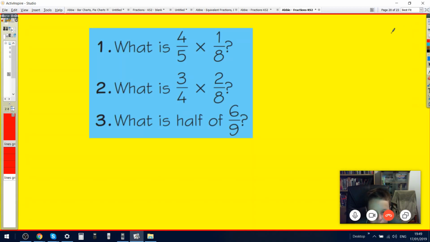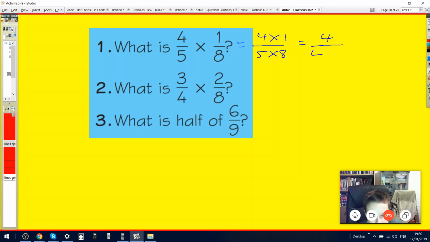I think you just do the same method. No, you just multiply the top 2, multiply the bottom 2. Oh, okay. So for number 1, you would do 4 times 1 and 5 times 8. Yep. Okay, so 4 times 1 is 4, and 5 times 8 is 40. And could you simplify that?